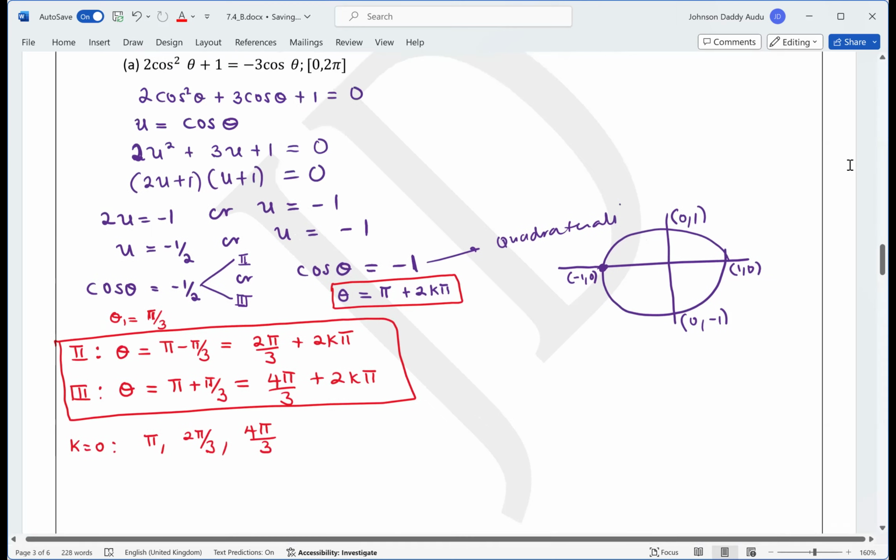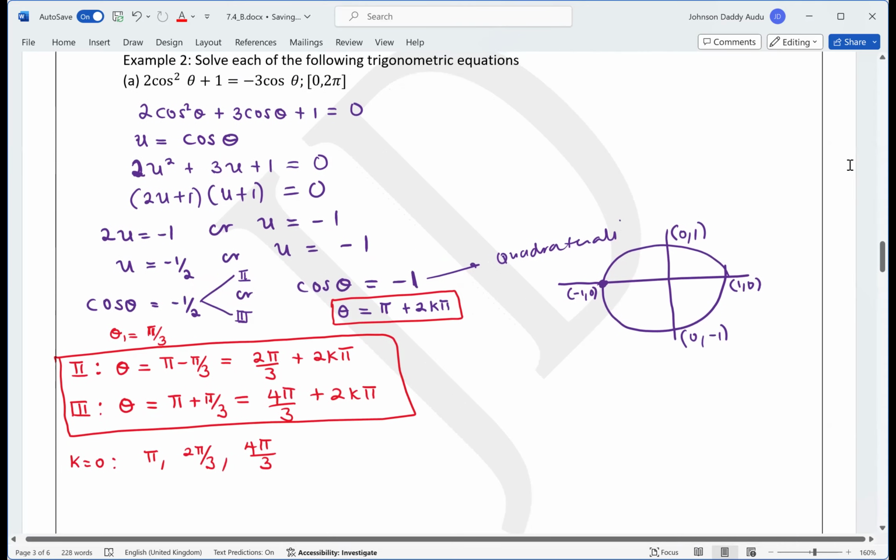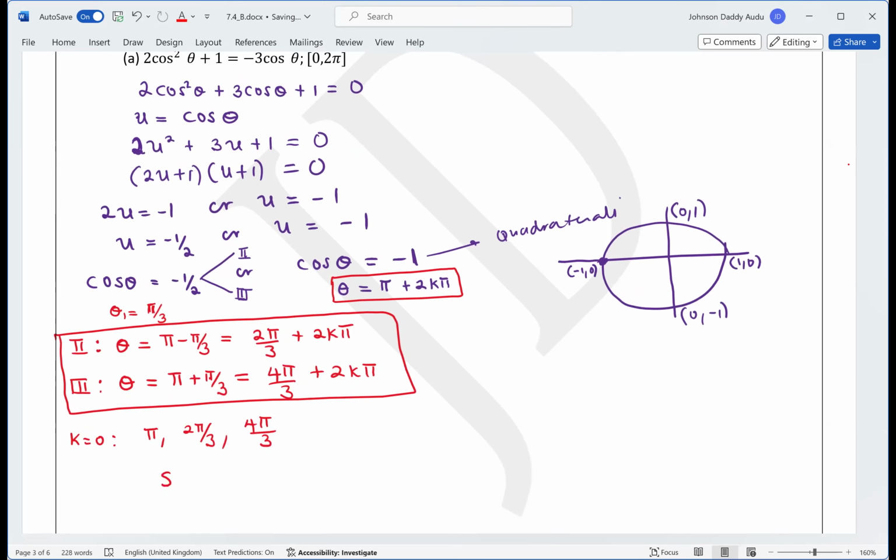Can we let k be 1? No, k cannot be 1, because if k equals 1, it's going to be out of what we need, because we need the maximum to be 2 pi. So we're done. Our solution is just 3 values. The solution set is pi, 2 pi over 3, and 4 pi over 3.